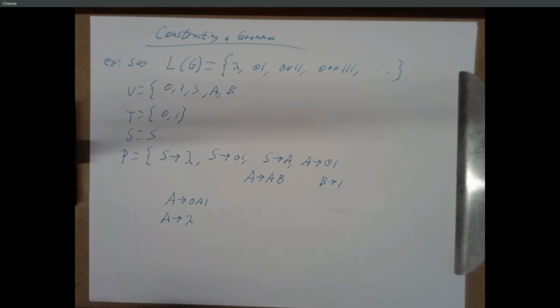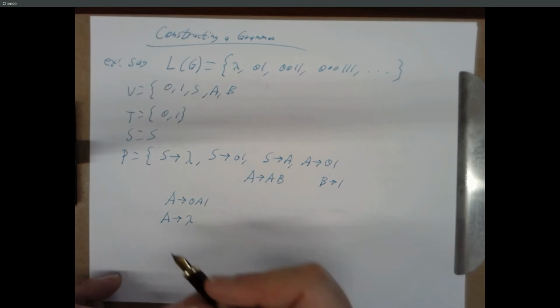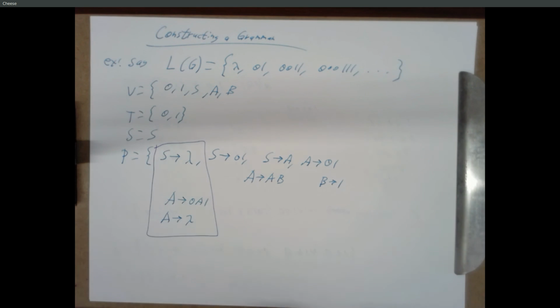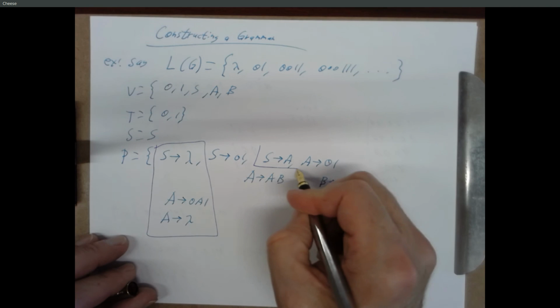Wouldn't we only get out of the infinite loop with A to 01? A to 01. What if you just have these three? Does that work? We need S to go to A. We'll throw this one in too.